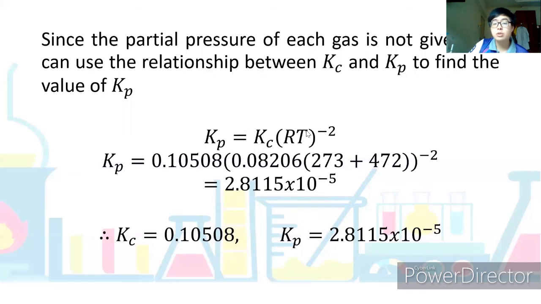So we must add 273 into the given temperature, which is 472, sorry, and power it to the power of -2. So in the end, we'll get the answer of 2.8115 times 10 to the power -5. So in the end, this is our Kc and this is our Kp.